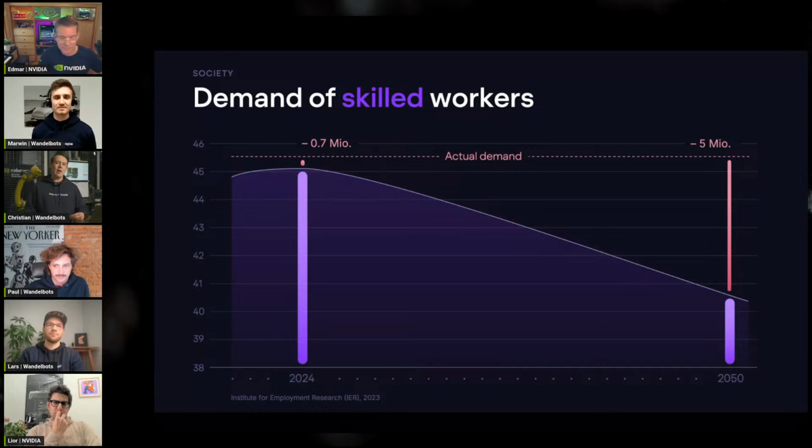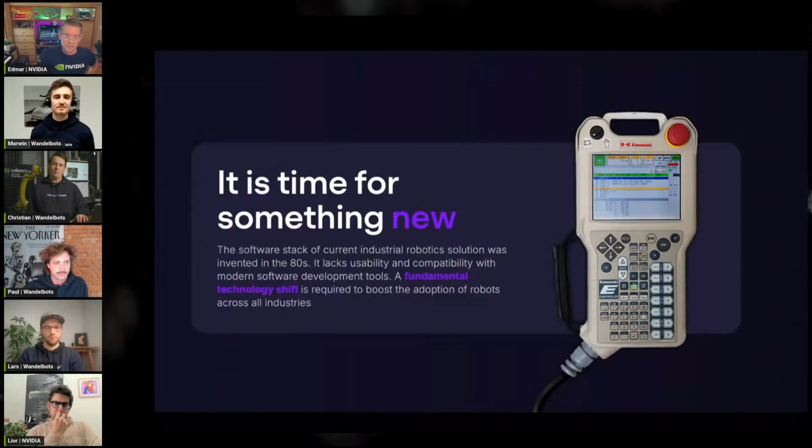We have a significant lack of skilled labor. So robots become a central technology going forward to keep our manufacturing in industrialized nations alive. And even in the current political situation, reshoring and local production becomes more and more important, but we have fewer skilled workers available in the upcoming years. So automation is a key technology to cope with that.